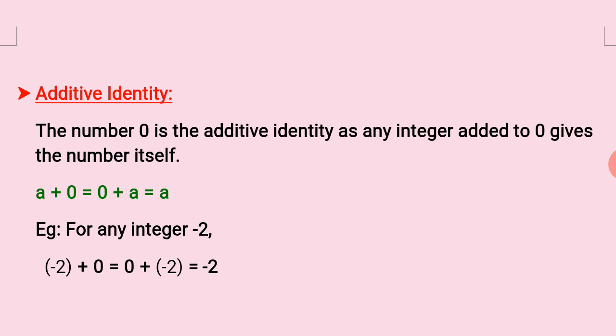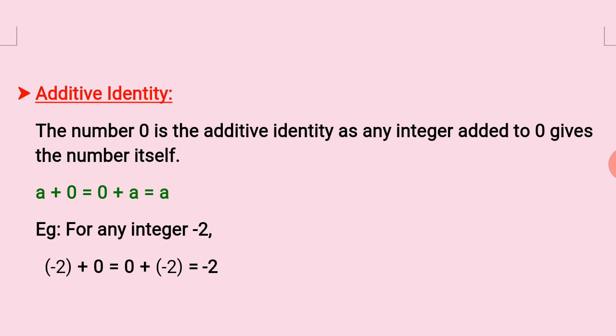Now the next property. Here we are talking about additive identity. Additive means we are adding something. Identity. What do you mean by identity? When you say something is identical, that means it should be similar, it should look same, it should be same. Here we are finding out additive identity. That means a number when added doesn't change the identity, it remains the same.